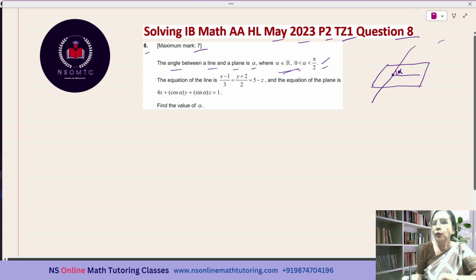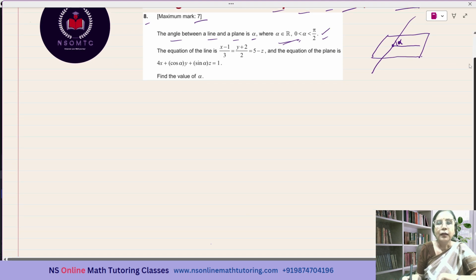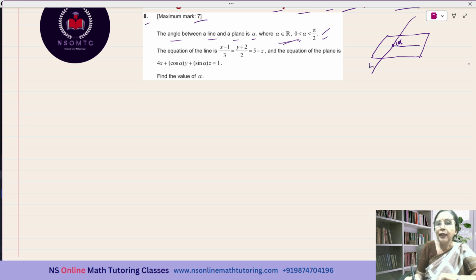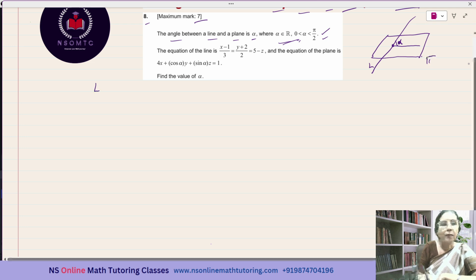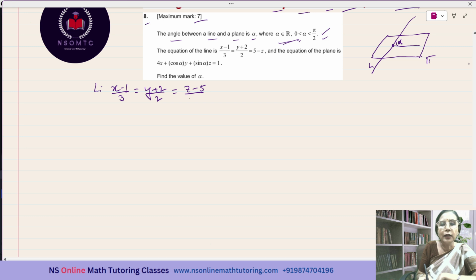Let me take this line as L, and this is the plane pi. So line L, I can write as (x minus 1) over 3 equal to (y plus 2) over 2 equal to (z minus 5) over negative 1.